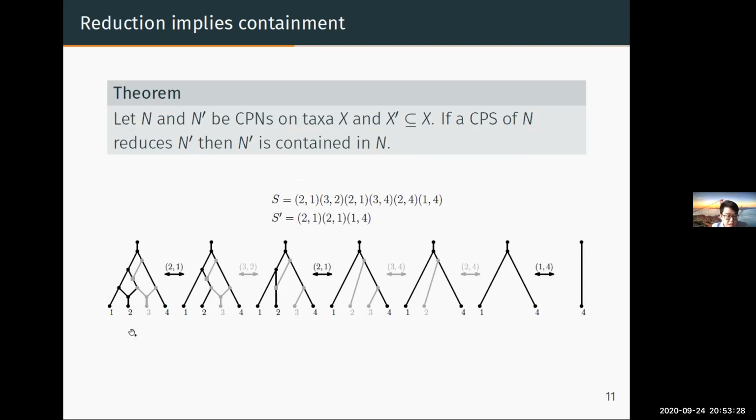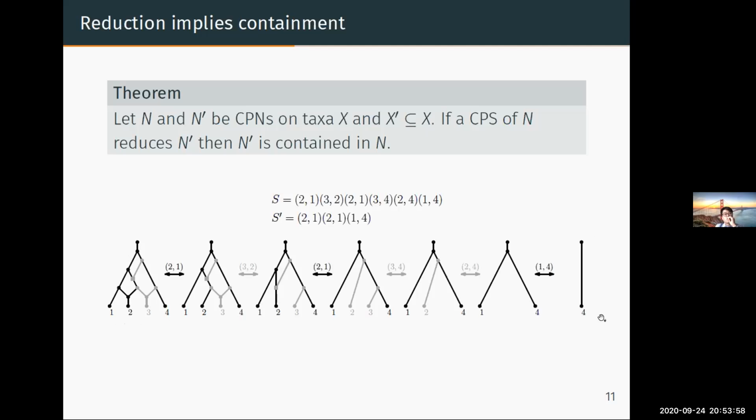And in here, n is the black and gray, n prime is only the black, right? So we find a sequence for n, and of course we can pick it in any order. So we obtain this sequence S: 2, 1, 3, 2, 2, 1, 3, 4, 2, 4, 1, 4. And this reduces n to a single leaf network, right?